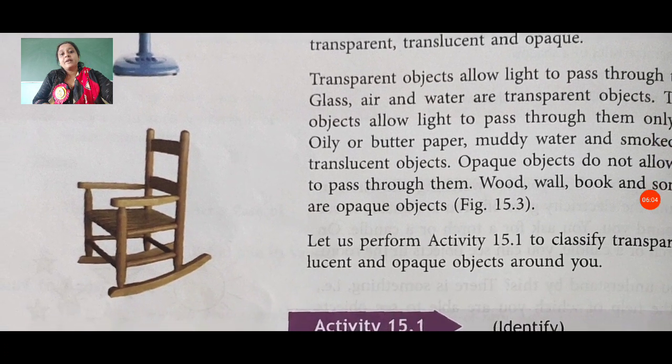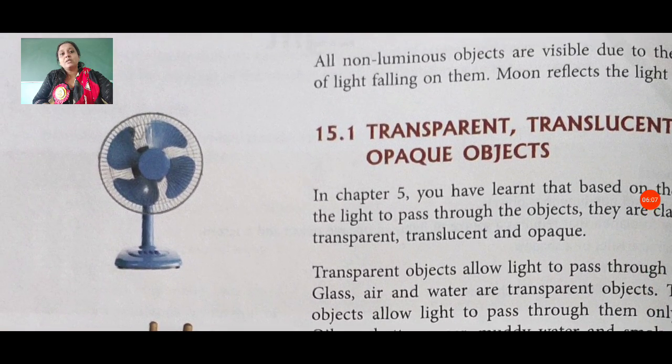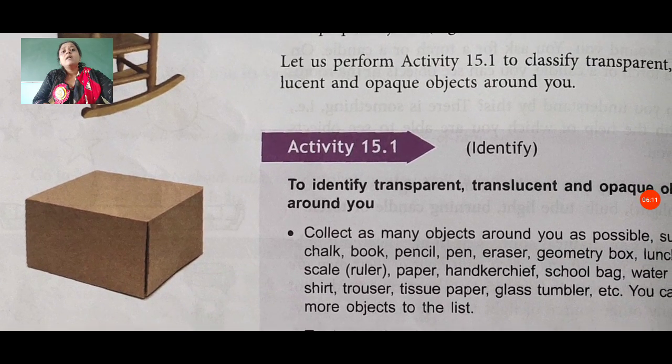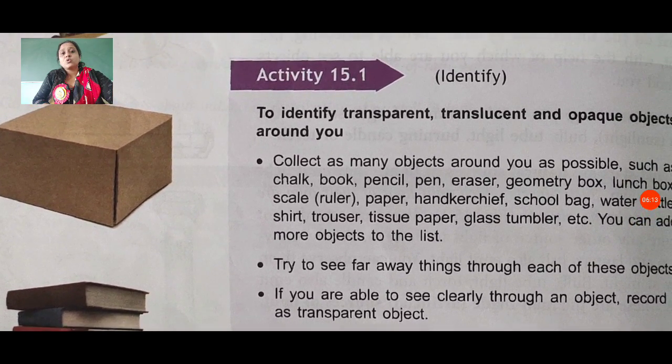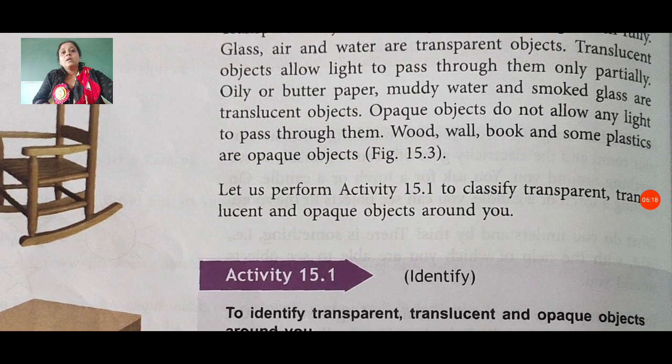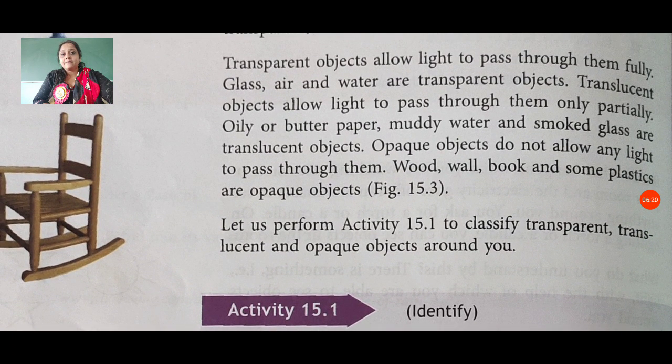Here in figure 15.3 we also have examples, such as a fan and a chair. Some objects allow light to pass through them, some allow it partially, and some do not allow it at all.